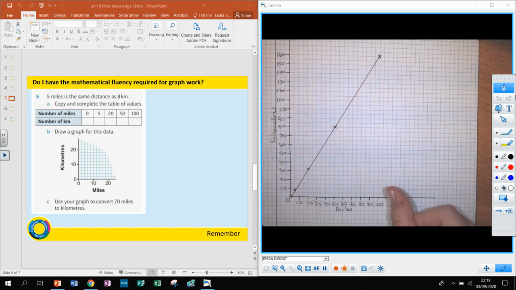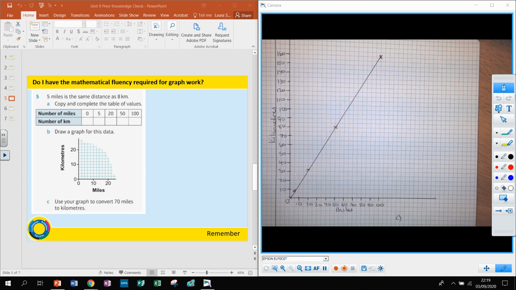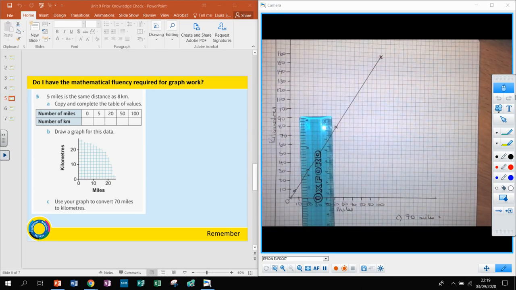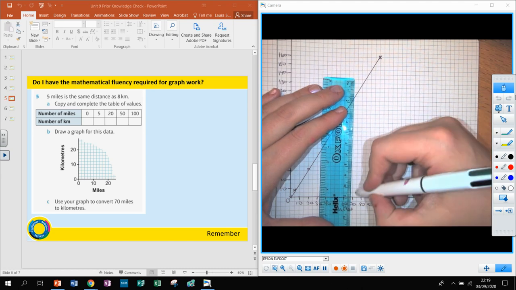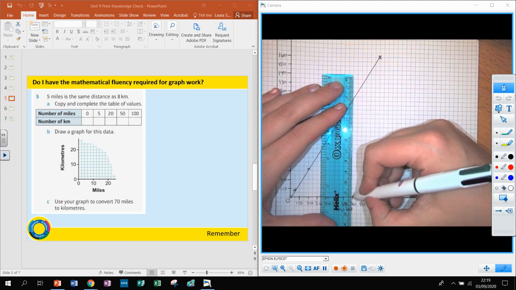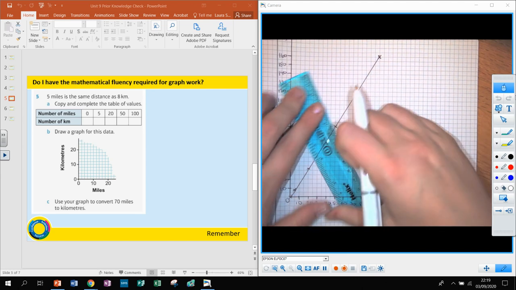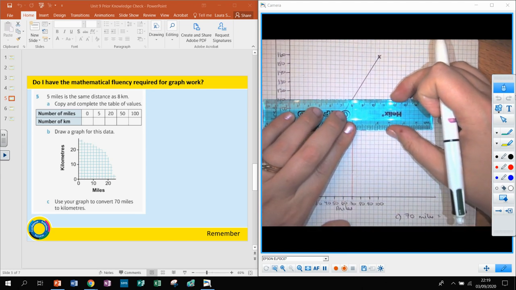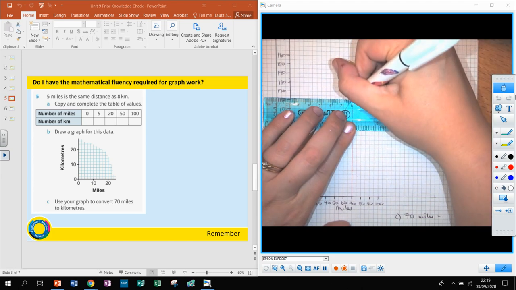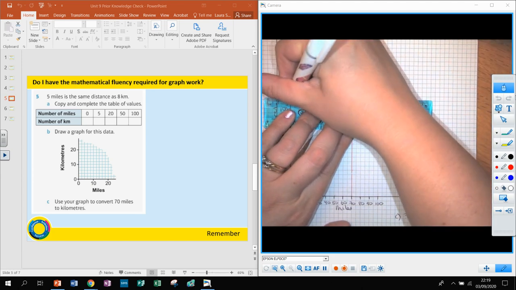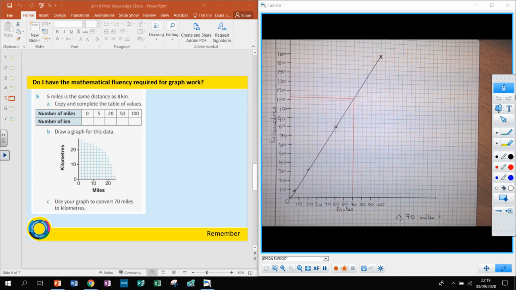Part C says to use our graph to convert 70 miles into kilometers. So 70 miles is equal to, let's take a look. So we could approximate 112.